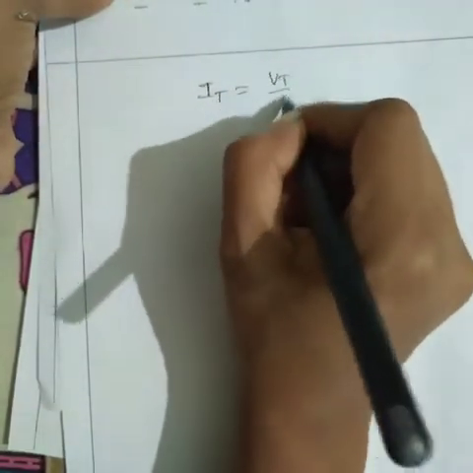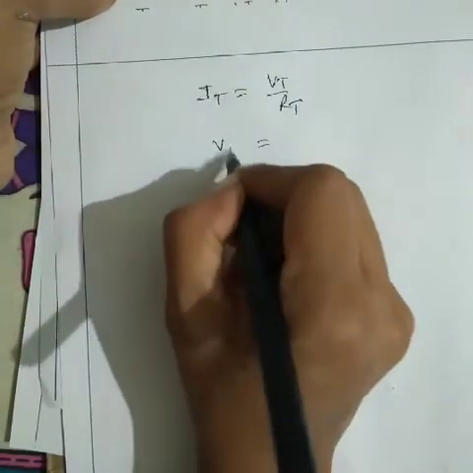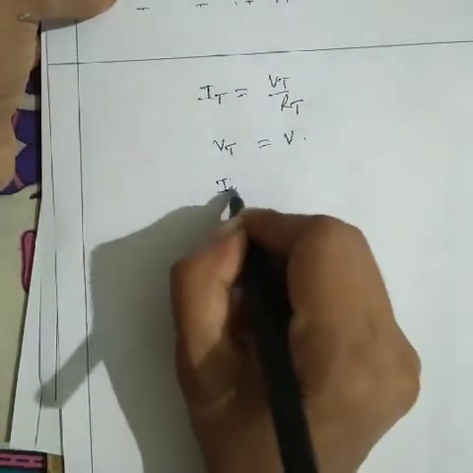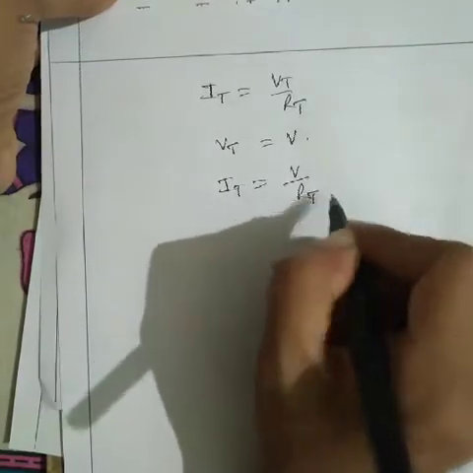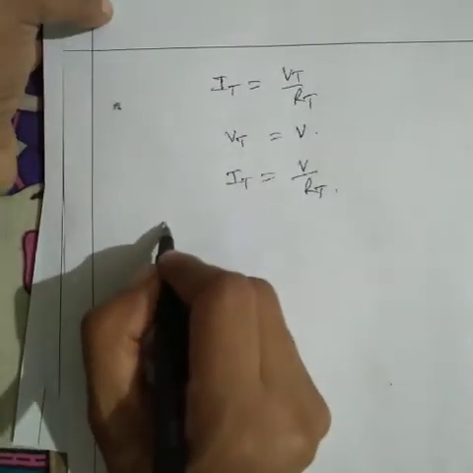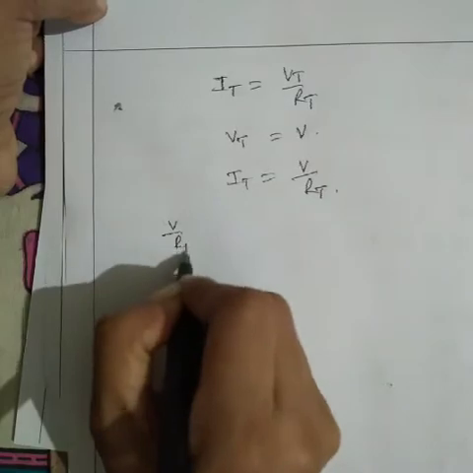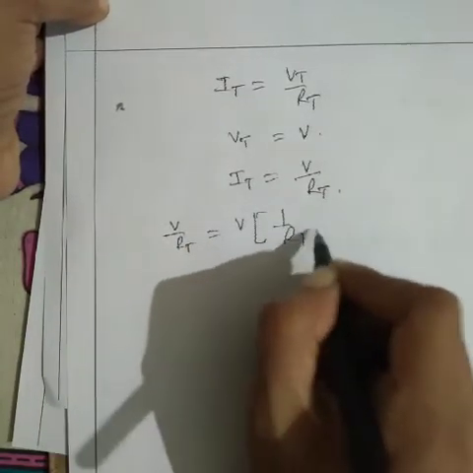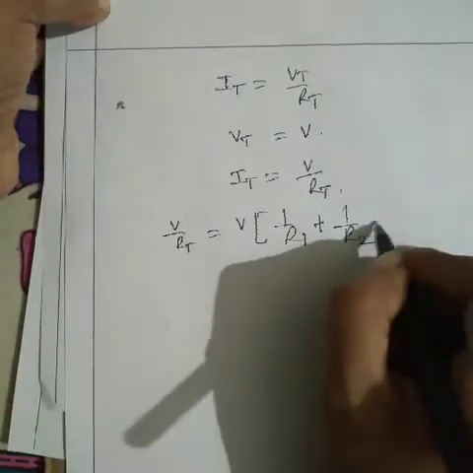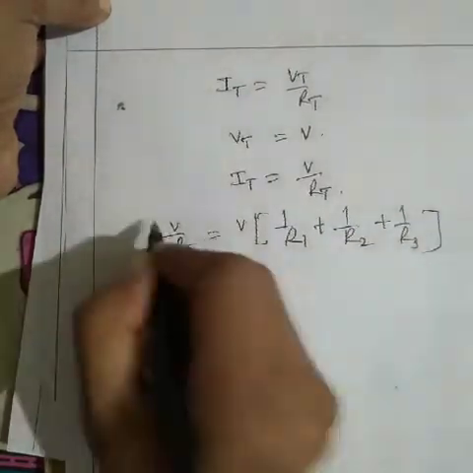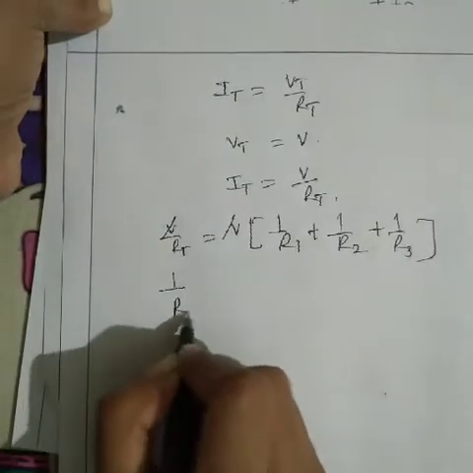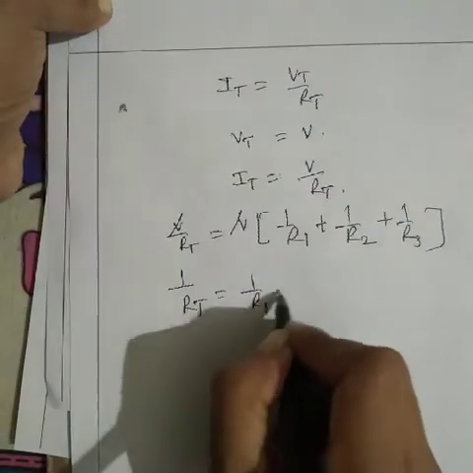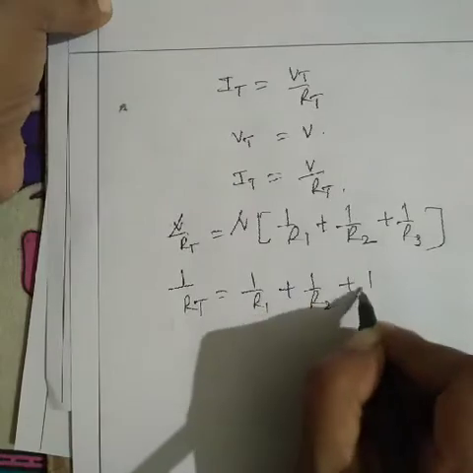That is, IT is equal to Vt by RT, but Vt is equal to V. IT is equal to V by RT. Now you can put the IT value. V by RT is equal to V into 1 by R1 plus 1 by R2 plus 1 by R3. Then V will get cancelled. 1 by RT is equal to 1 by R1 plus 1 by R2 plus 1 by R3.